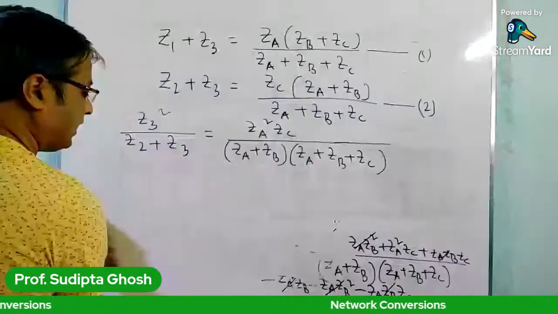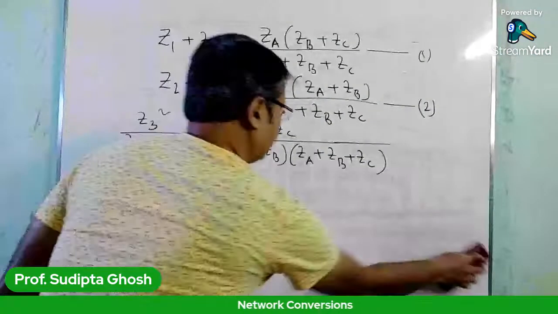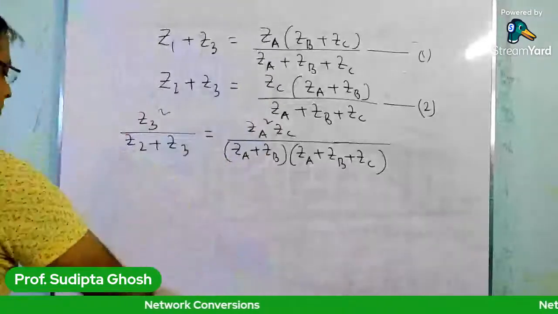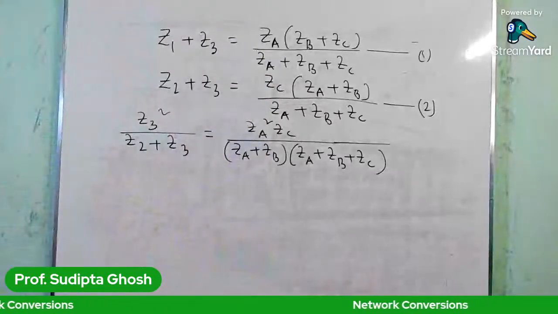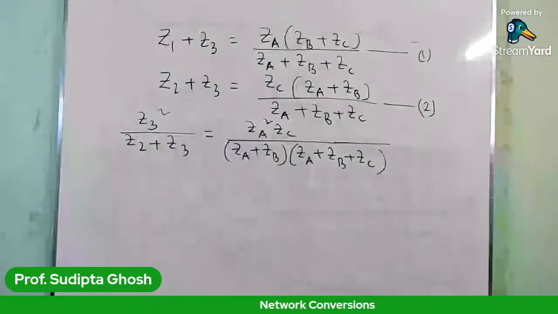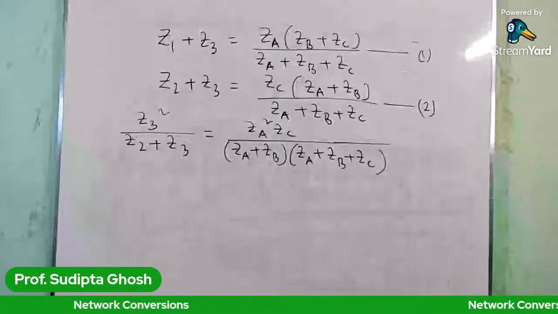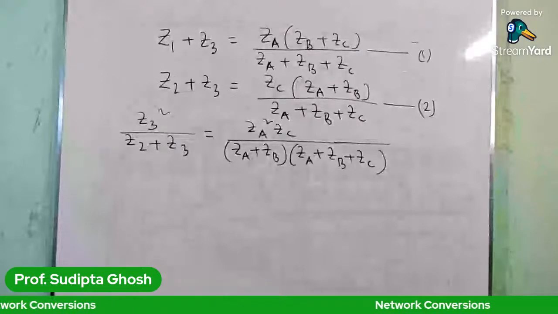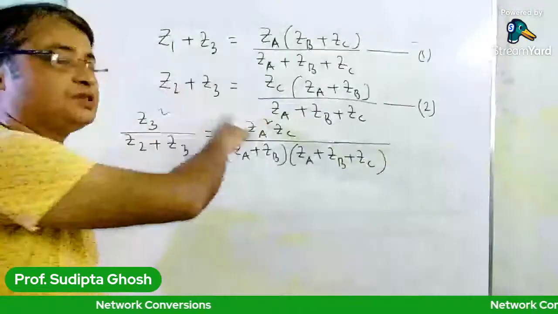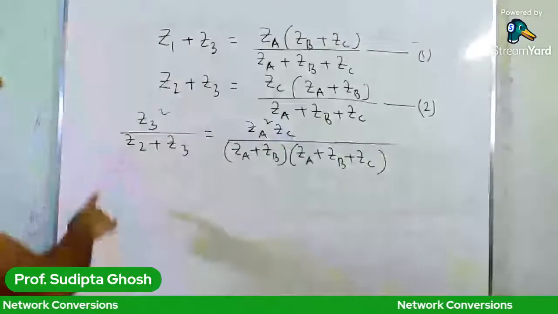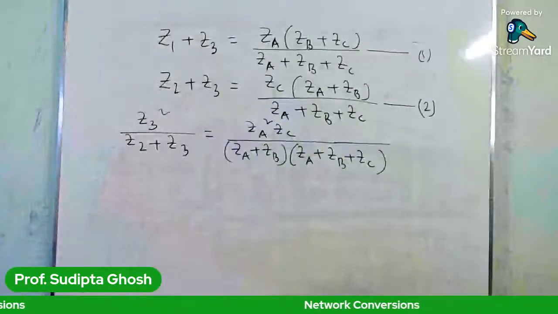If you look into the denominator of this equation, in the left hand side, that is Z2 plus Z3, you can readily consider that we can substitute equation 2 in the denominator part of this equation.